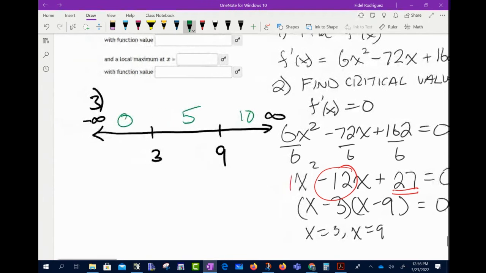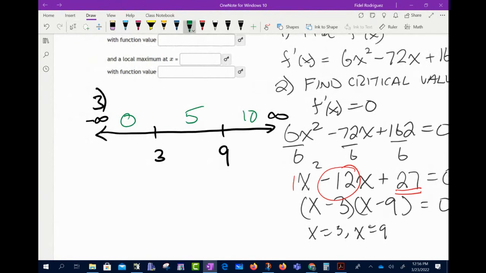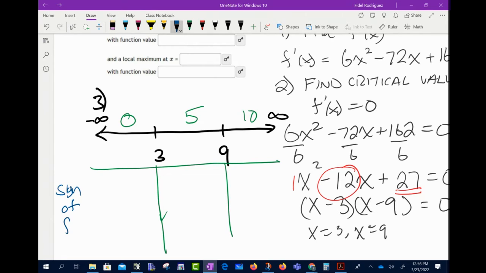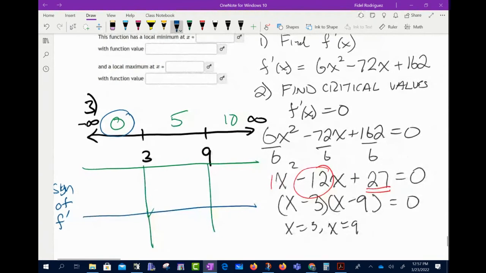All right. Now that we do that, y'all, we're going to look at the sign of the derivative. Okay? The sign of the derivative. So we're going to take this value 0 and we're going to plug it into the derivative function, which was this one right here.